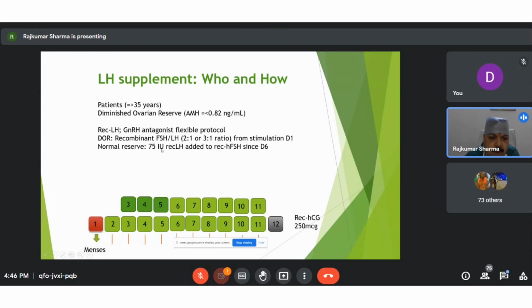But a patient who has a normal reserve and has shown a good response initially for 5 to 7 days on only recombinant FSH, from day 6 onwards we add recombinant LH 75 international units along with the recombinant FSH. So you have not started both FSH and LH from day 1; you add the LH once you find there is a slowing of growth of the follicles.